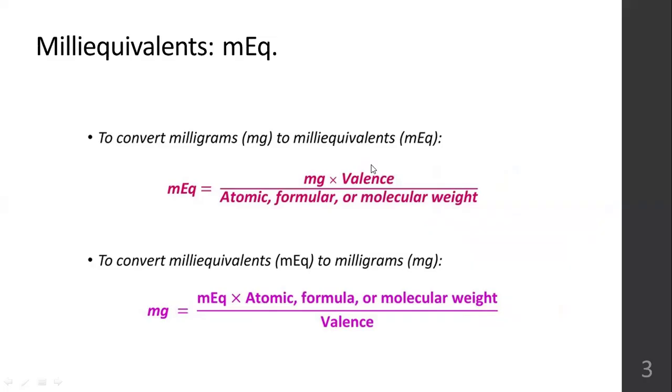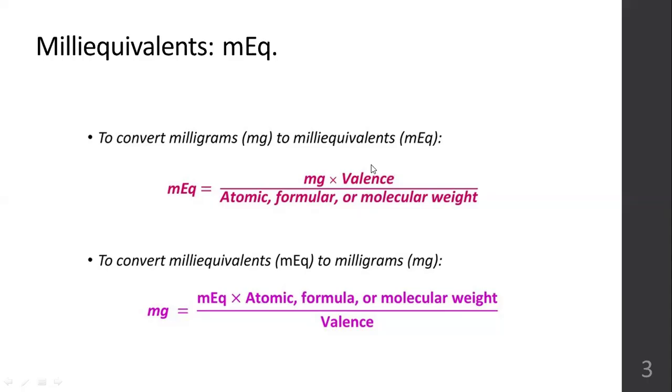So usually we use milligrams and milliequivalents to understand the amount of electrolytes in your blood serum and so on. The formula for equivalent is the milligrams multiplied by the valence. Valence is the number of electrons that are outside.